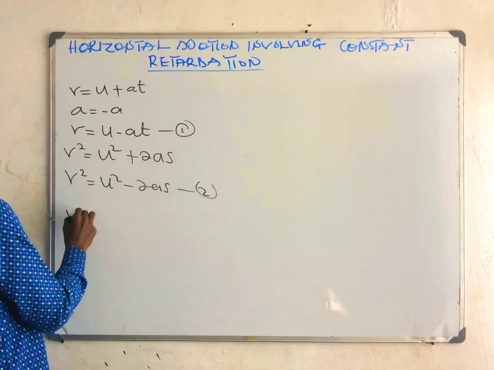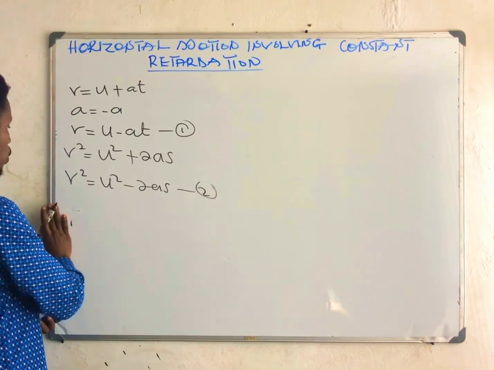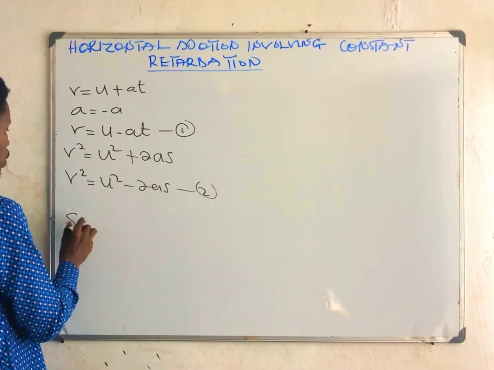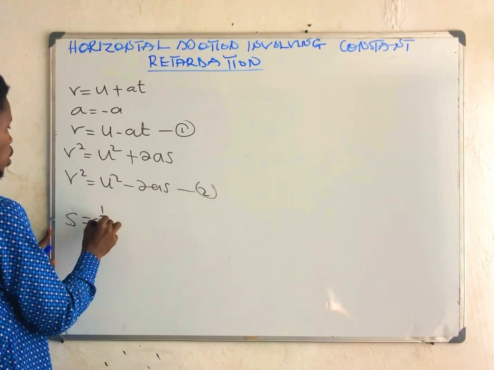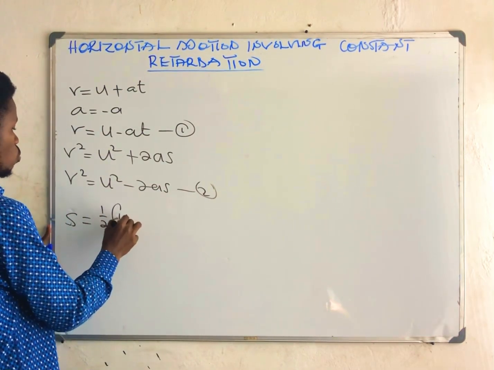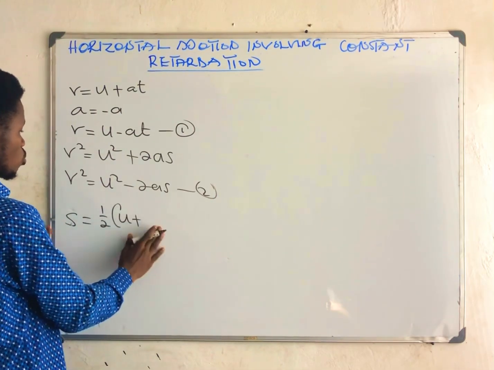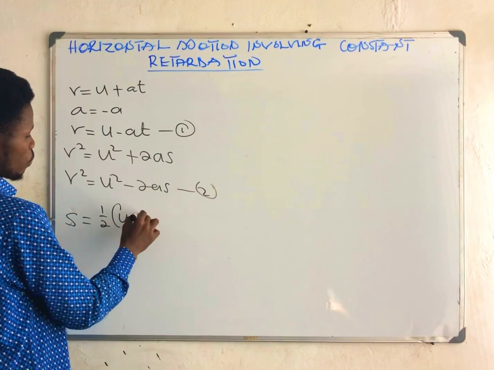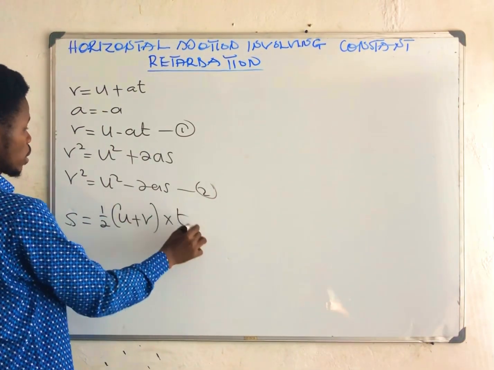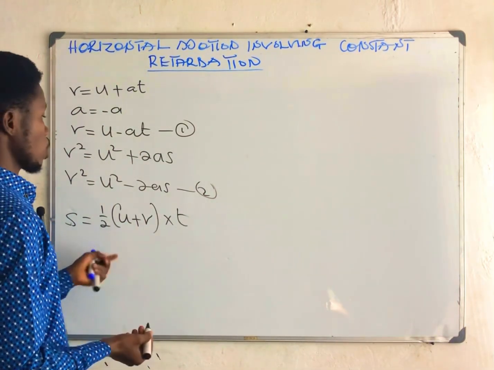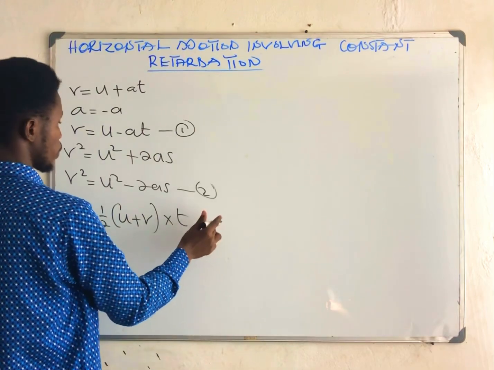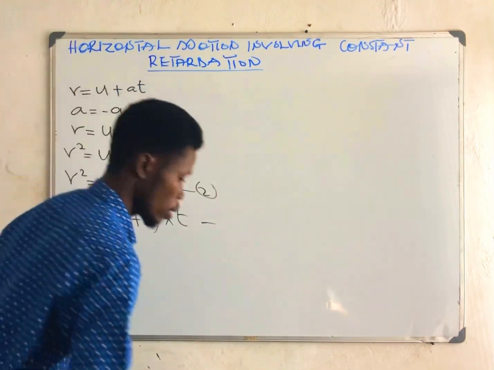We also have s equals half times U plus V times t. Here nothing will happen because there's no acceleration there, so I think this one is not needed.